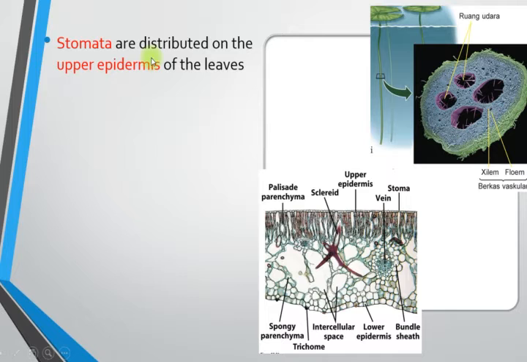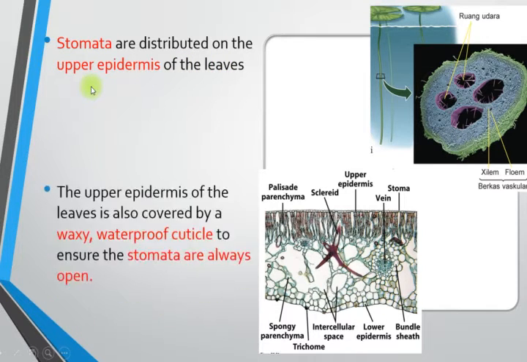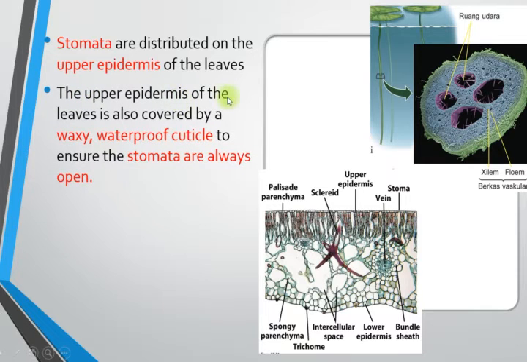Stomata of the floating plant are distributed on the upper epidermis of the leaf. The upper epidermis of the leaf is also covered by a waxy, waterproof cuticle to ensure the stomata are always open.